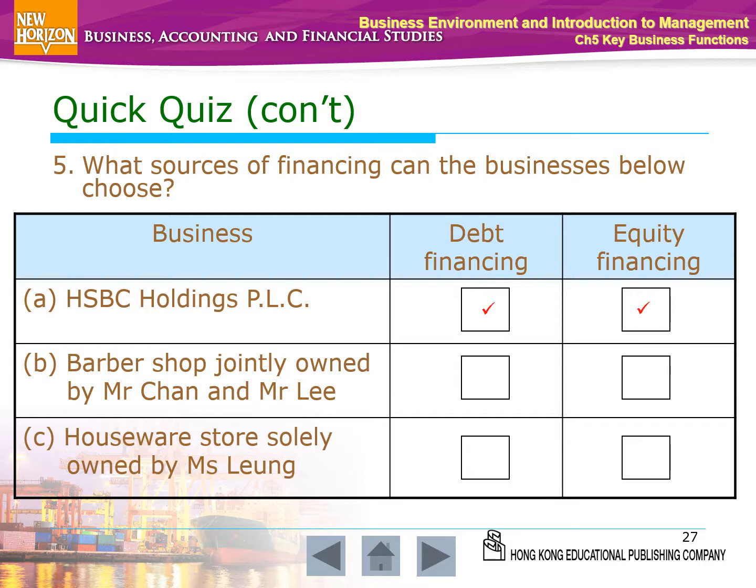Because Hong Kong Bank is a very big business, it may raise capital by issuing debentures or bonds to the public or to other banks or financial institutions. Of course, Hong Kong Bank can also issue shares to the existing shareholders or new shareholders, what we call equity financing.